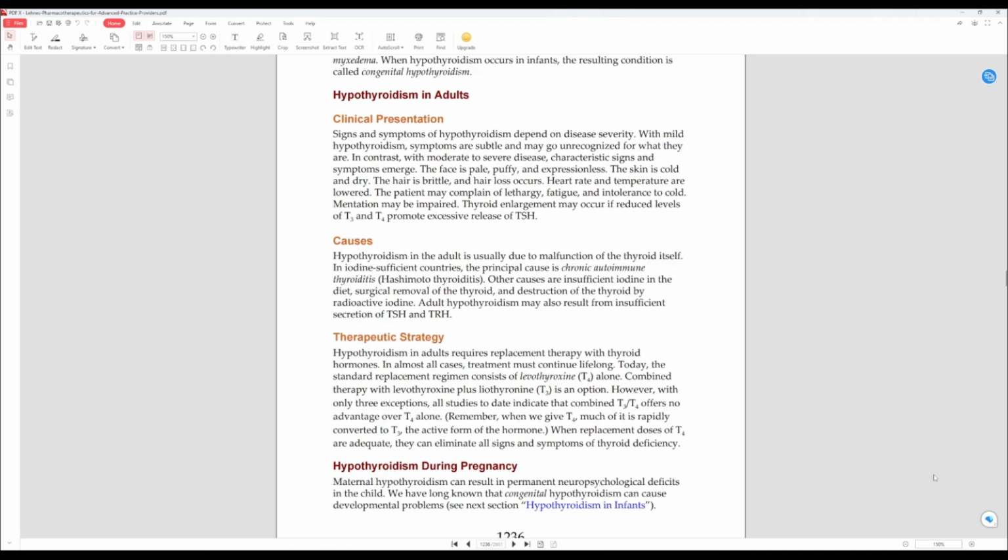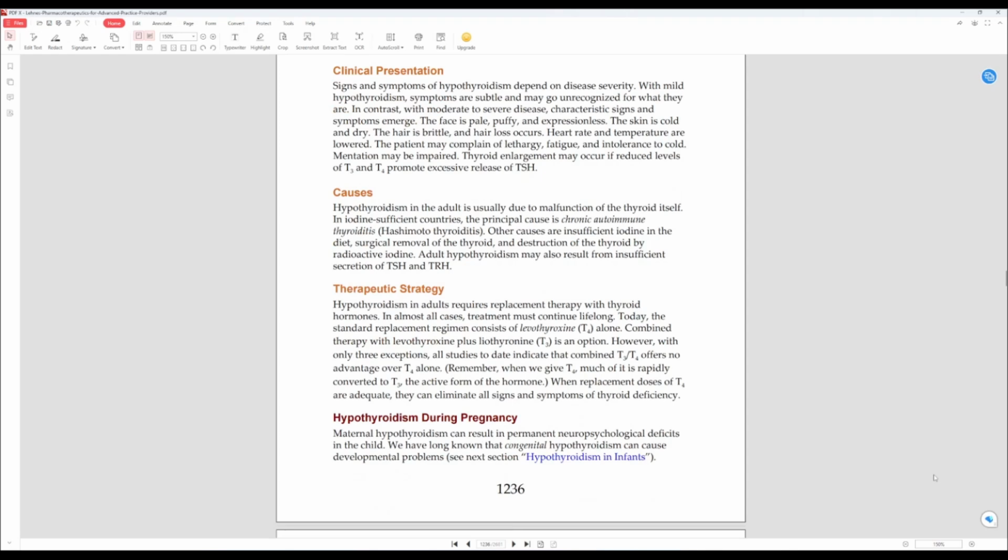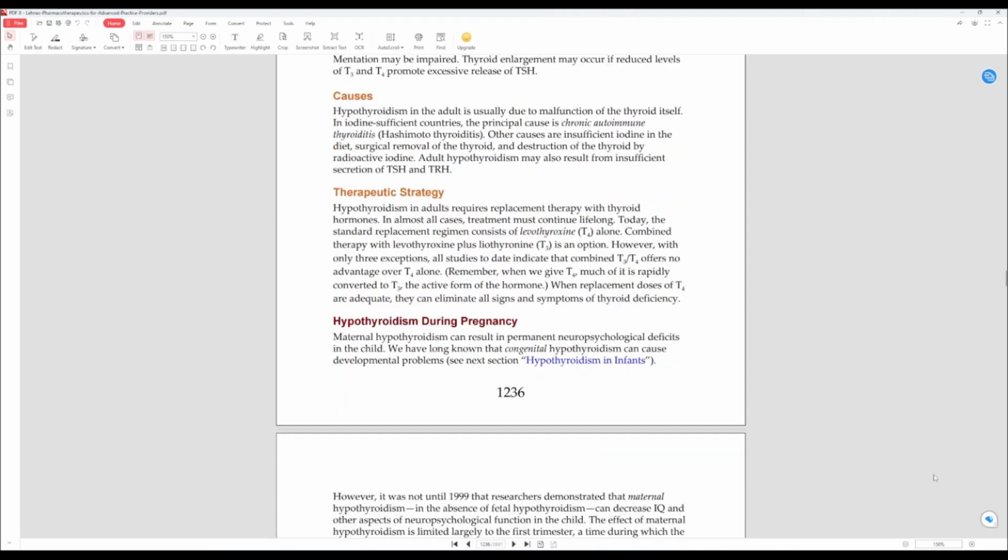The hair starts to become brittle and hair loss occurs. Heart rate and temperature are lowered, and the patient may complain of lethargy, fatigue, and intolerance to cold. Mentation may be impaired. Thyroid enlargement may occur if reduced levels of T3 and T4 promote excessive release of TSH.